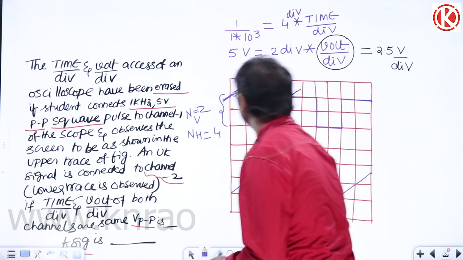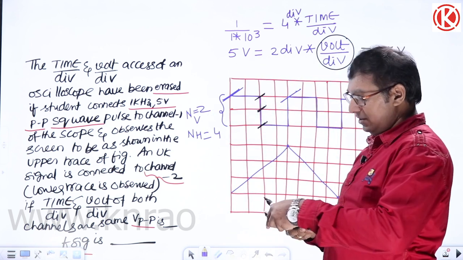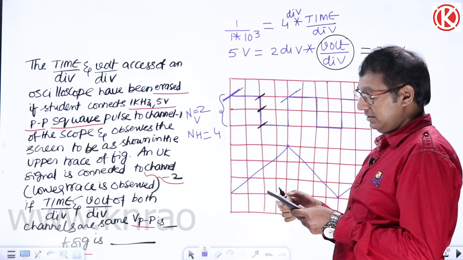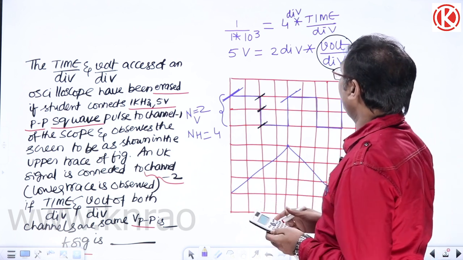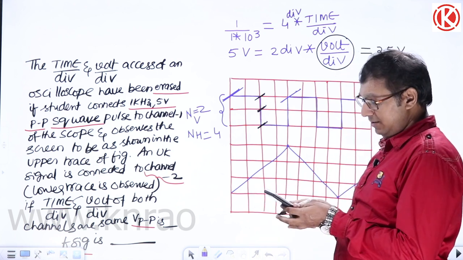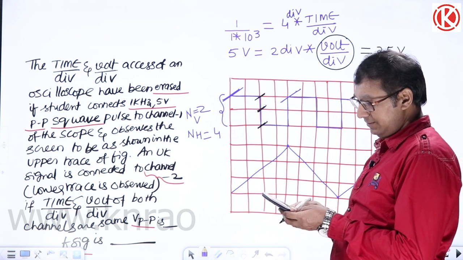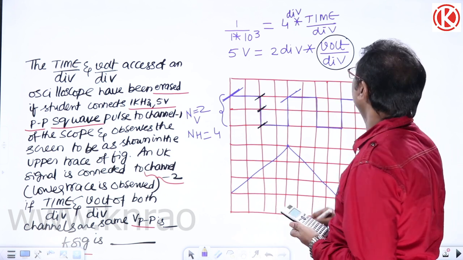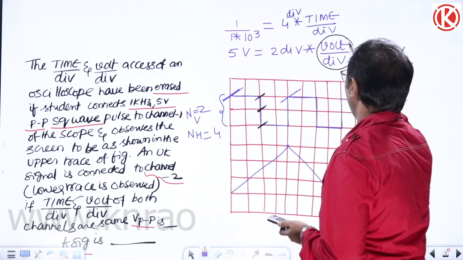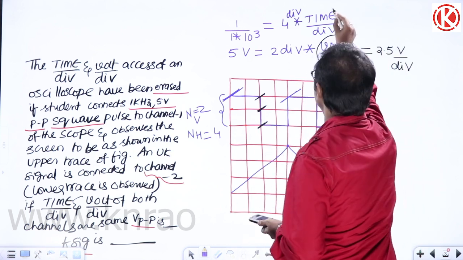Let us calculate this, because we require the value to calculate the next value, na? Yes, it is 1 by 4000. 1 divided by 4000.